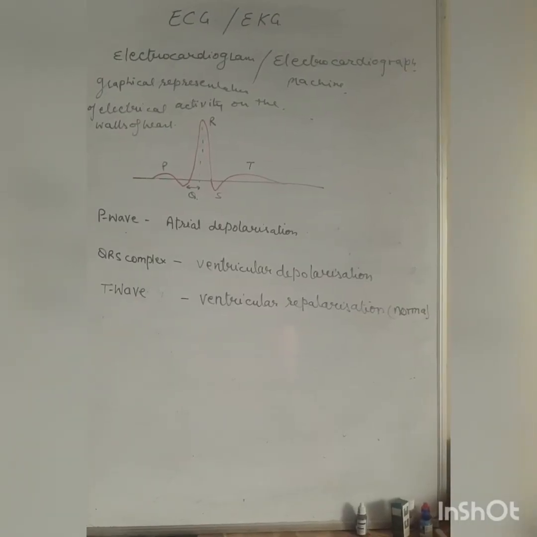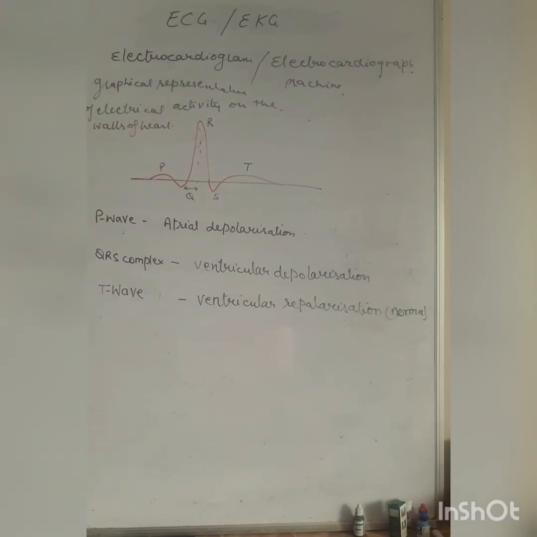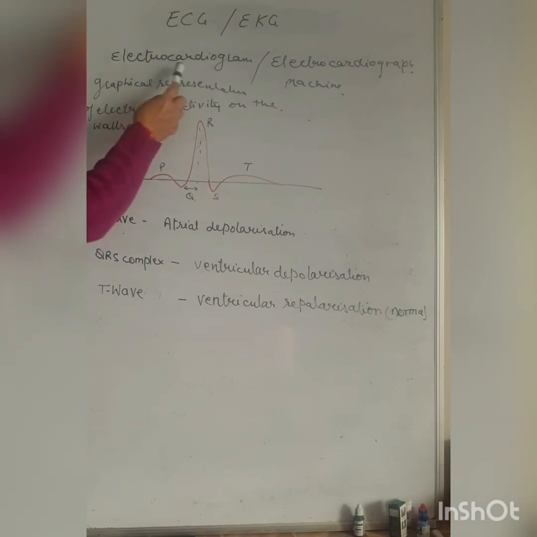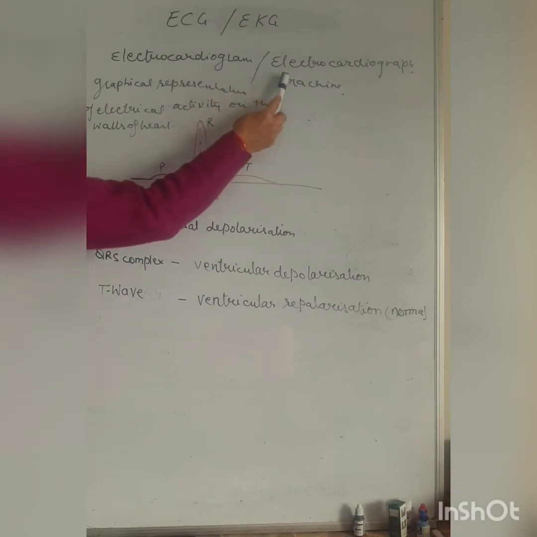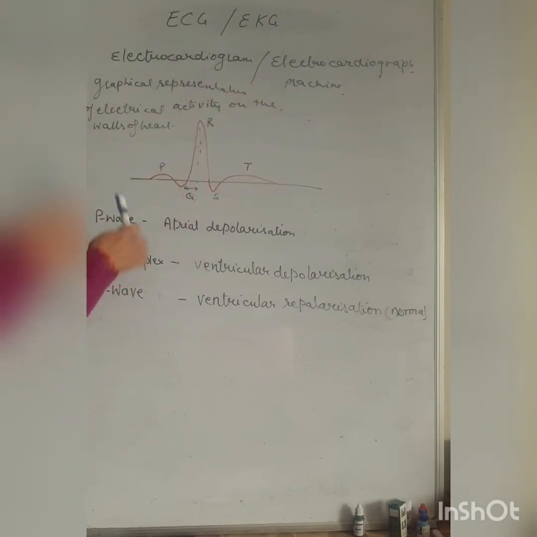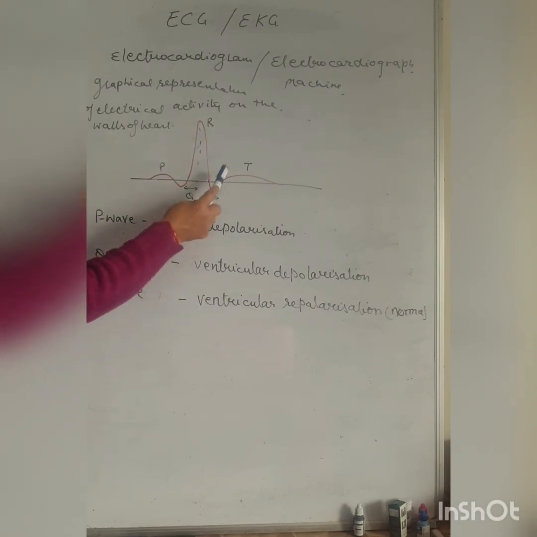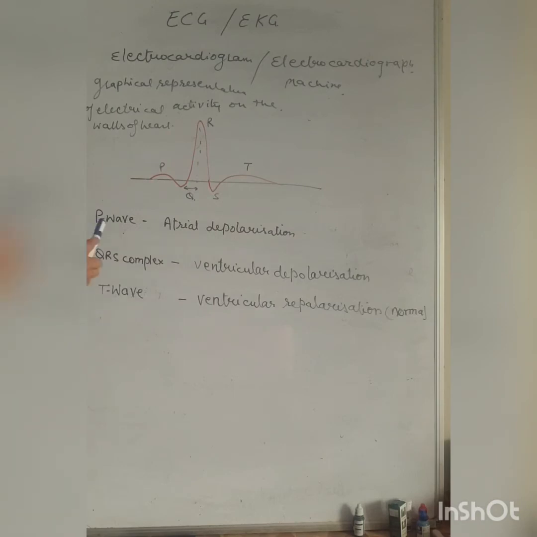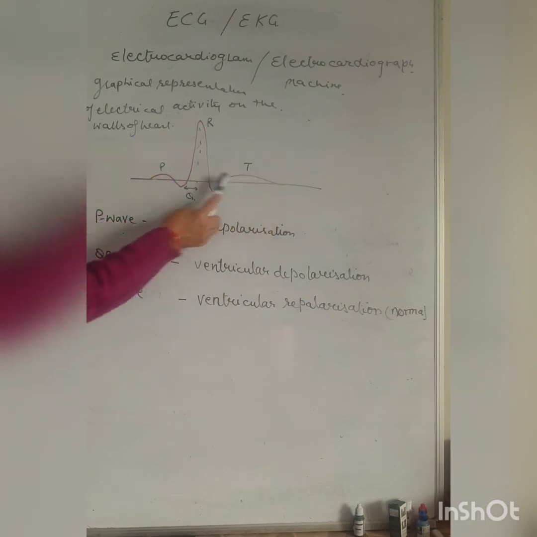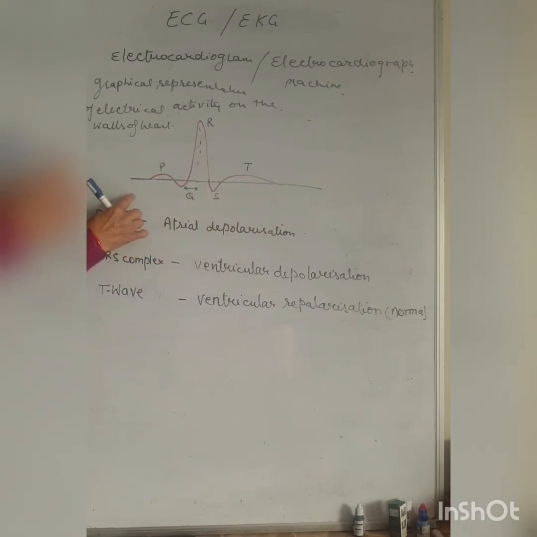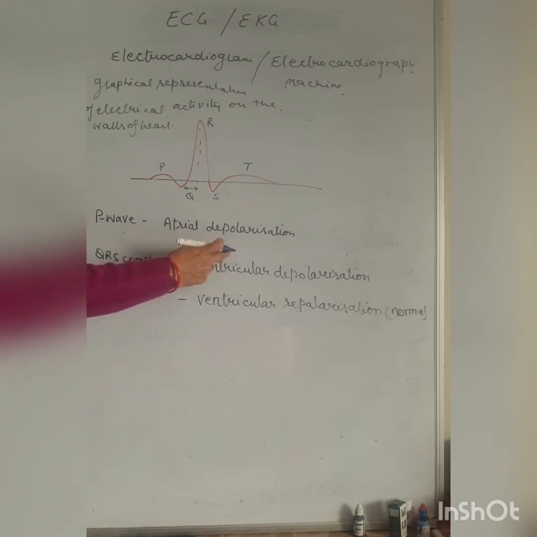We were discussing the ECG or EKG. ECG is an electrocardiogram and the EKG is an electrocardiograph. In this graph, we are observing the different waves, the P, Q, R, S, T. The P wave is a small deflection above the baseline. The small deflection represents atrial depolarization.